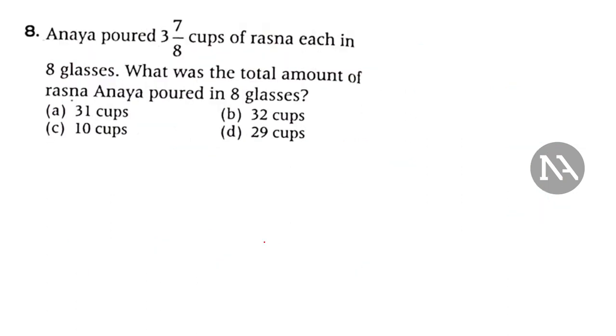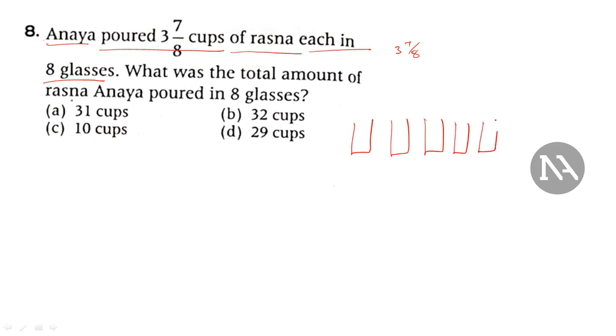Here, next question. Question number 8. Anaya poured 3 7/8 cups of rasna, each in 8 glasses, right? So you have 8 glasses. These are the 8 glasses. This is a cup.